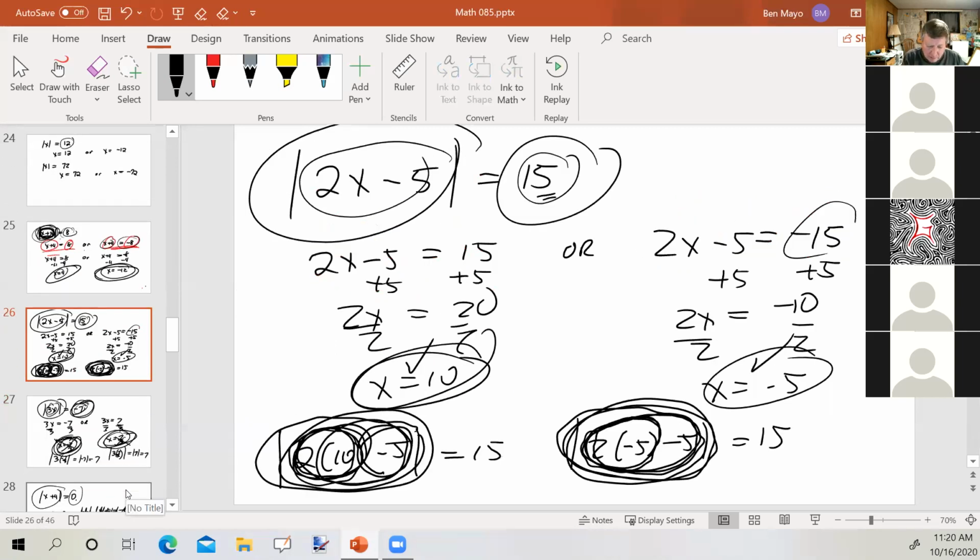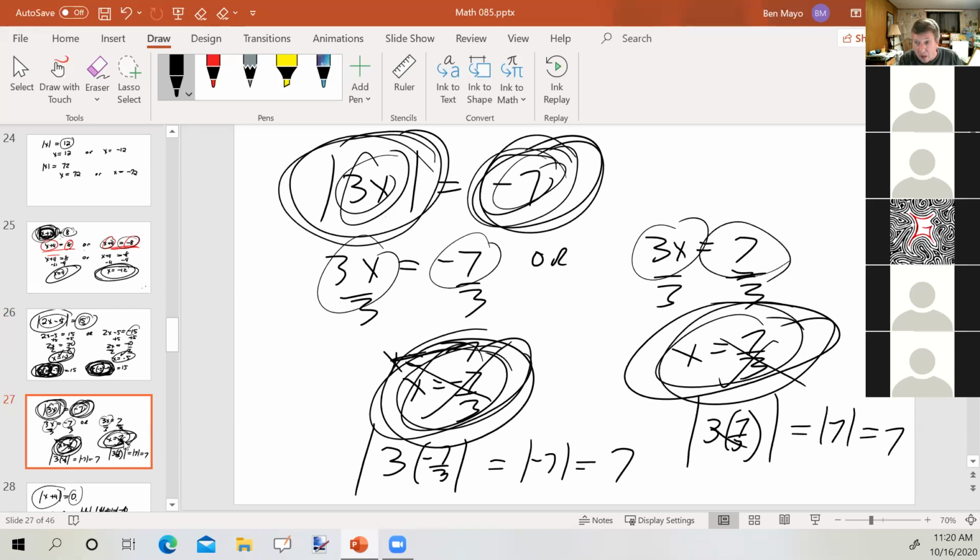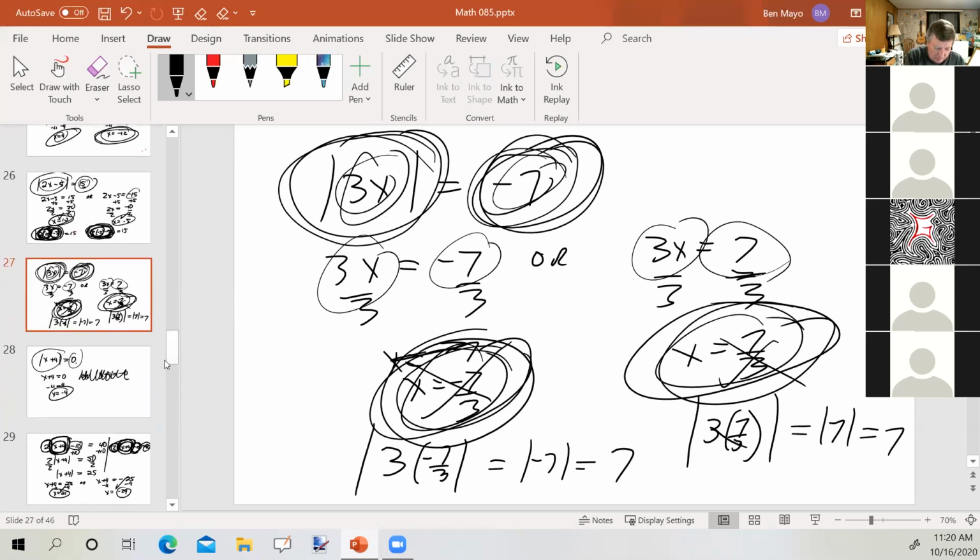If you've got an absolute value equal to a negative number, you're not going to get a solution, but you still need to solve it. So you're going to take what's inside equals what's outside, or what's inside equals the opposite of what's outside, solve it, check it. They're extraneous solutions. They don't work.